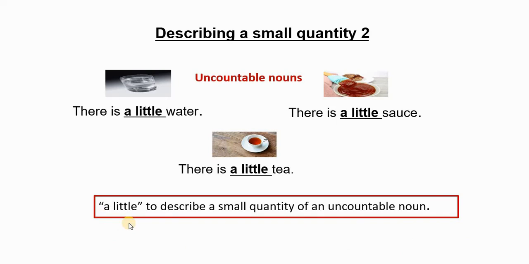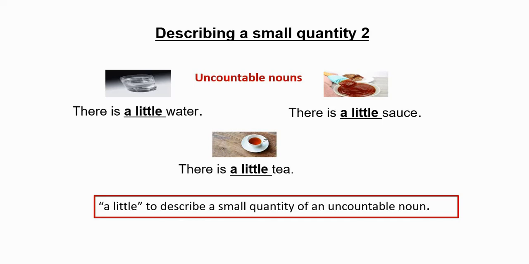We are not talking about the size. We are not talking about the size of the water, for example. We are talking about the quantity, the small quantity, because little is also an adjective.